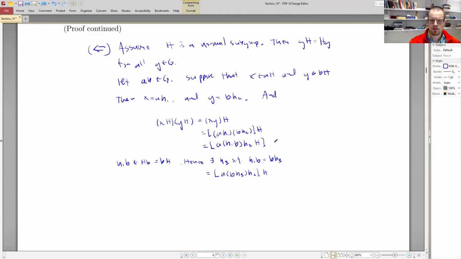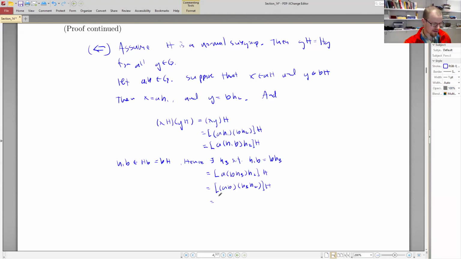times H. Yep, I wanted that bracket inside of there, didn't I? That's all right. Rearrange things again. a, b, h3, h2, but H is a group, therefore the product of these two is also an h.